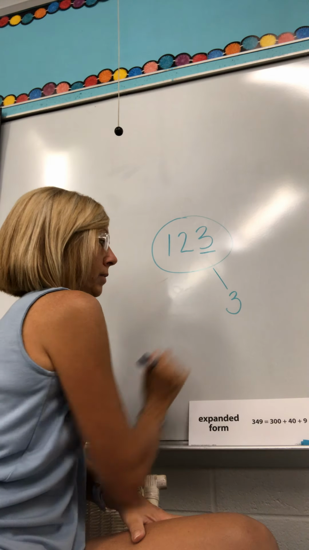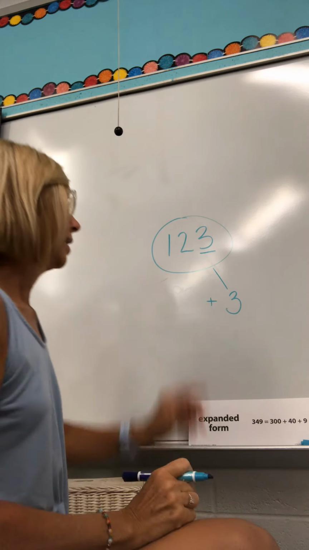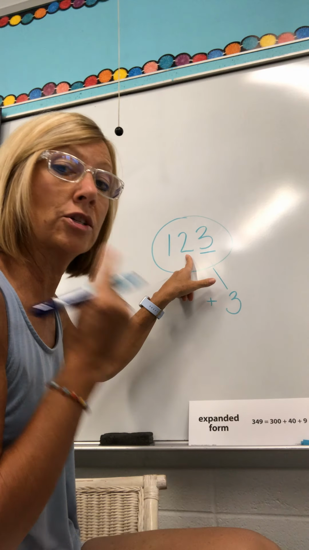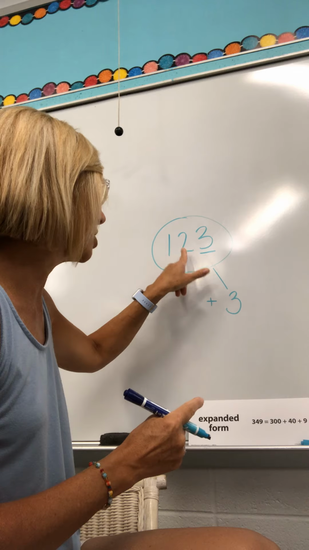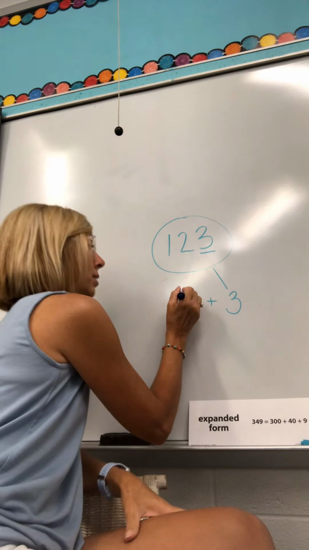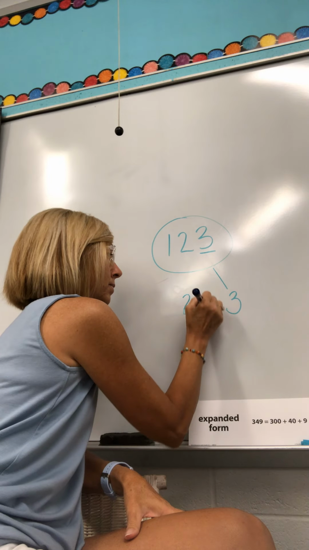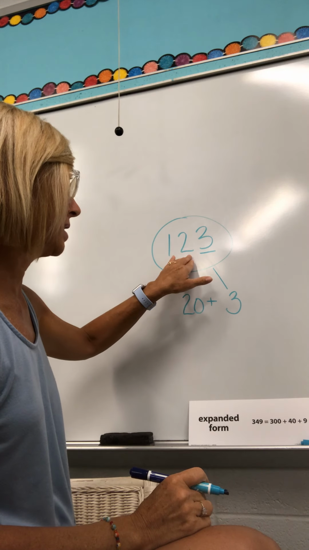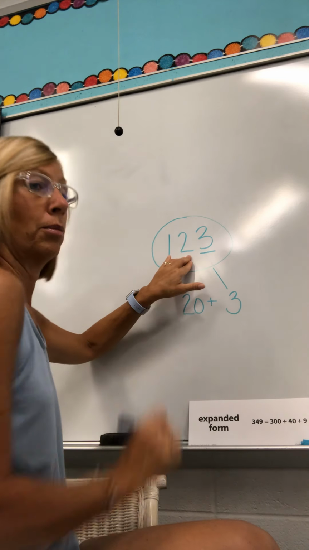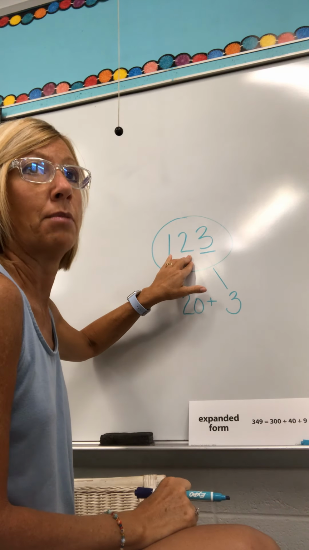I'm gonna put my plus sign. Now I'm looking at the 2. 120. Oh, I just said it, 20. So that 2 is worth 20 because it's in the tens column. If it's in the tens column, the number, you're going to count that many times by 10.